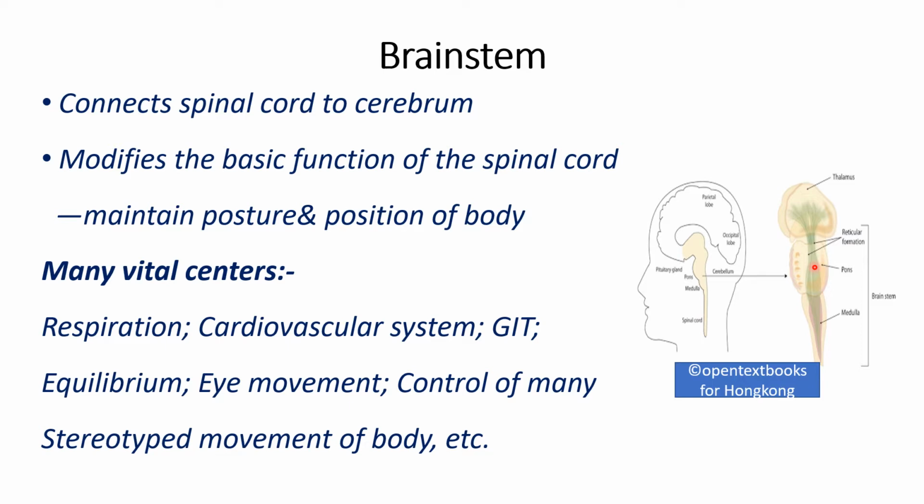So almost the same. Motor neurons for the face and head regions are present here, so it can perform the same function as from the neck down. Also, it provides many special control functions such as those of respiration, the cardiovascular system, the gastrointestinal tract, maintaining your equilibrium, control of eye movements, and control of many stereotyped movements of the body.